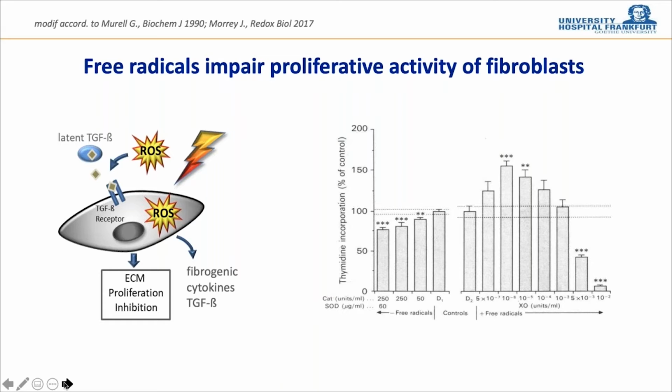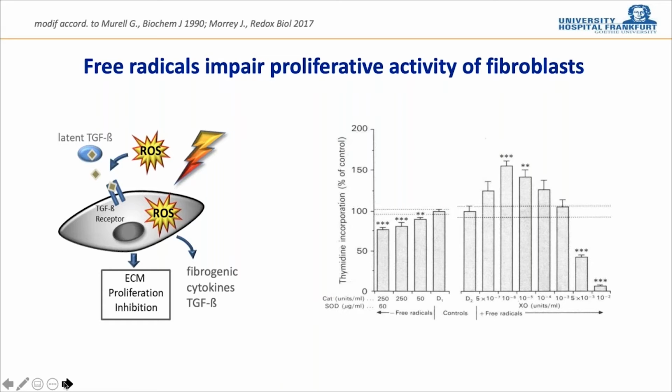The latter directly affect the production of inflammatory and fibrogenic cytokines, including activation of latent transforming growth factor beta. In sum, these cytokines act as chemoattractants, mitogens, and differentiation inducers for the fibroblast, myofibroblast, fibrocyte system.